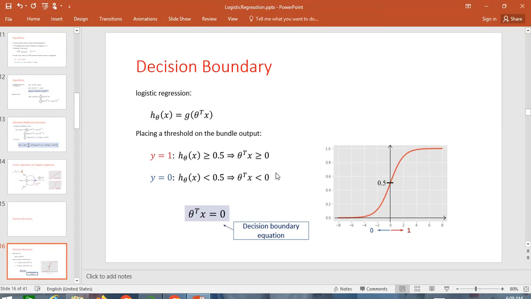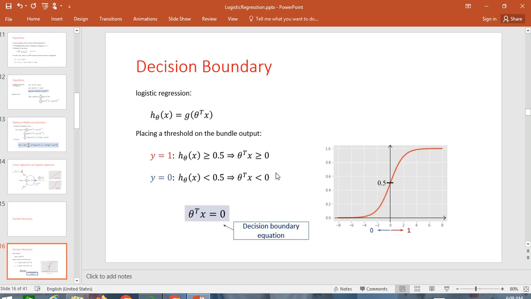So the output will belong to class 1, and otherwise the output will belong to class 0. So this theta transpose x equal to 0 itself becomes a decision boundary. This is called the decision boundary equation.